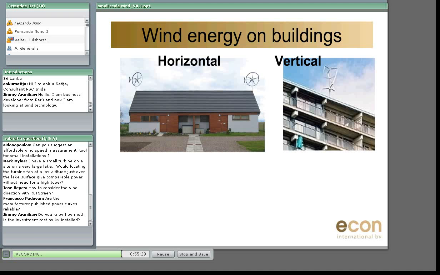How much is it? Well, around 4 to 5 euros per watt, which means 4,000 to 5,000 euros per kilowatt installed. I don't know whether currently these costs are going down, or do you have any additional price guideline, Walter? Thank you.